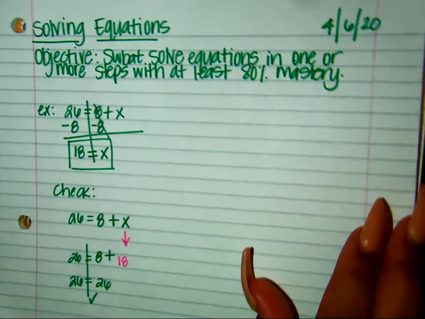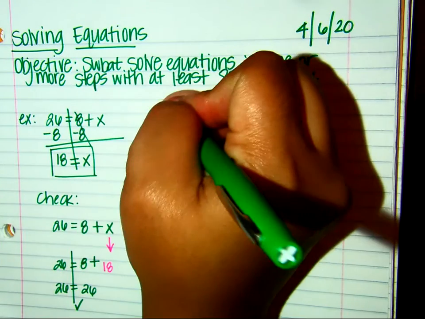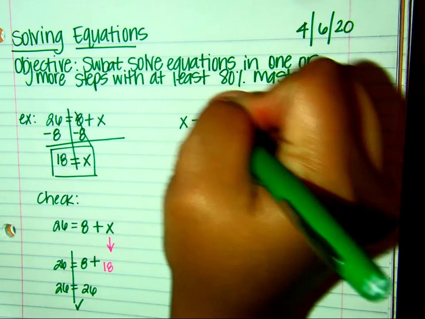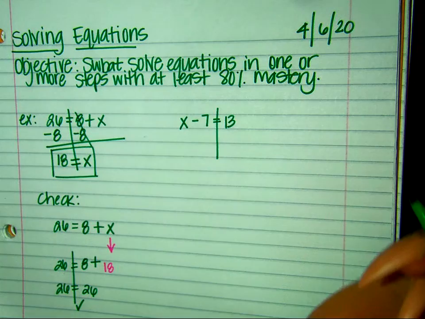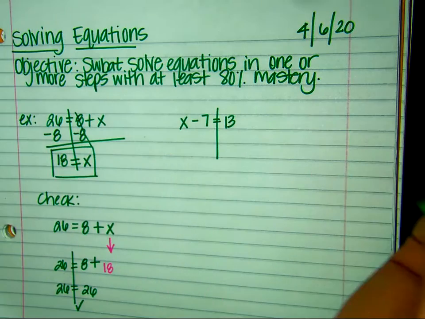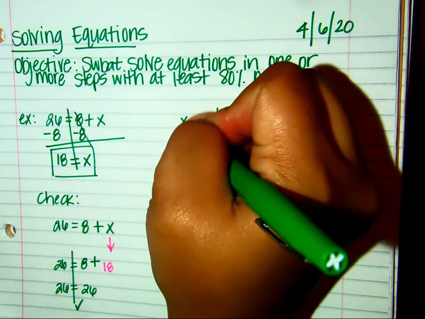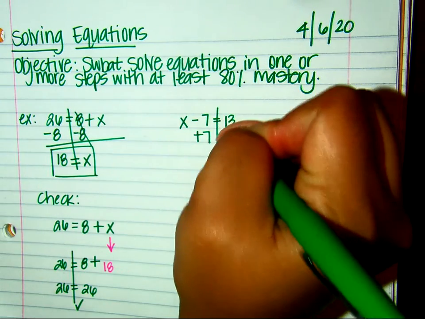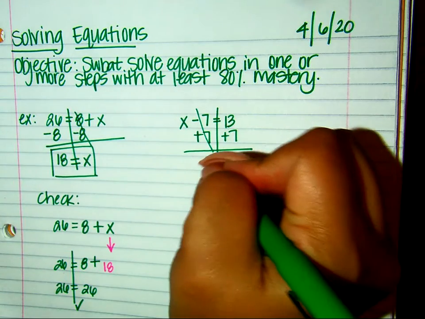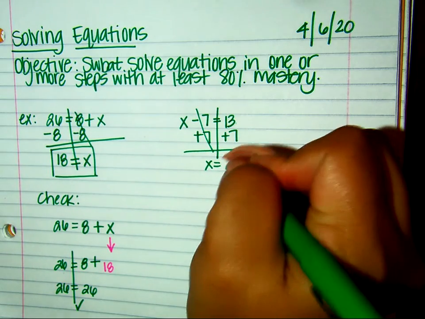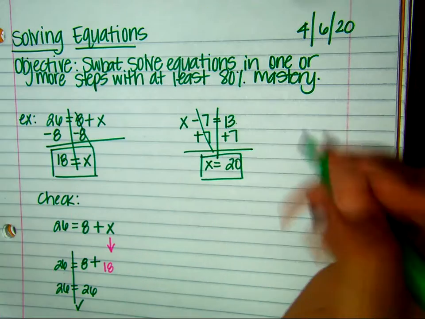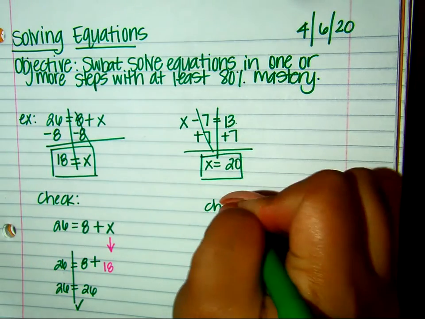All right, let's look at another example. All right, x minus 7. In order to get x by itself, I have to do the opposite of the minus 7, which is a plus 7. So 13 plus 7 is 20. So x equals 20. And then we also have to check our work here.